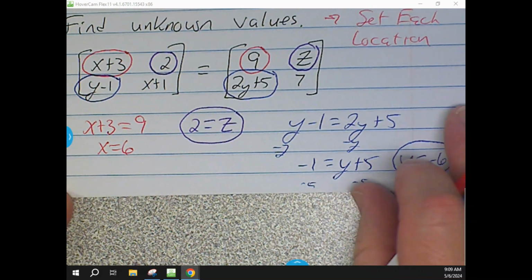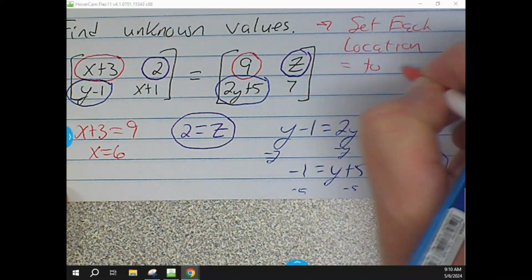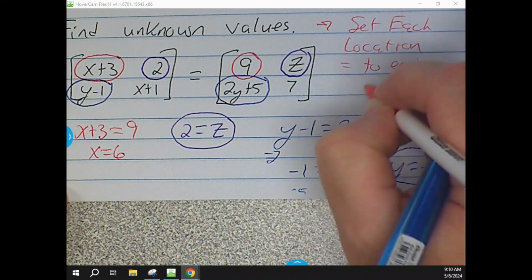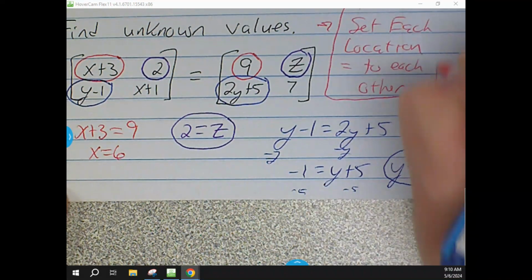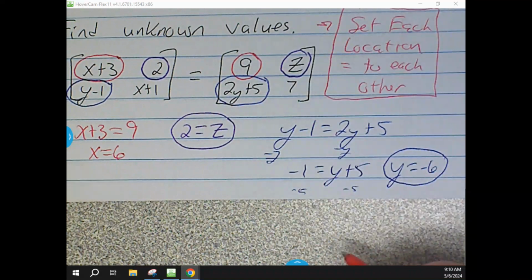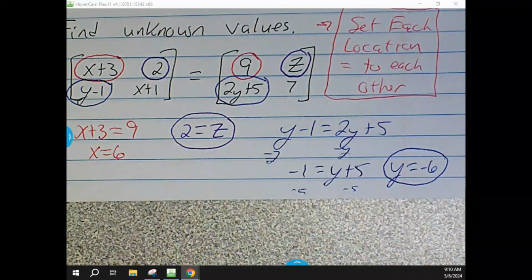So all you do is set each location equal to each other. Not a big deal.